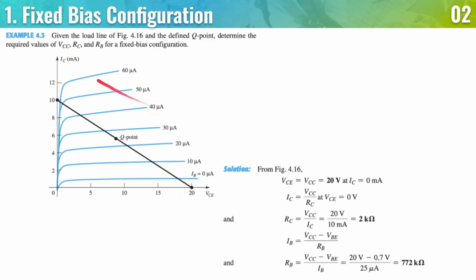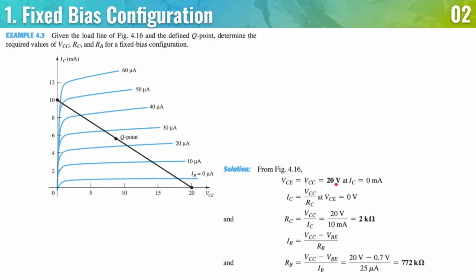First of all, looking at this graph, there is no label for VCC here. But how did we get the value of 20? Recall that this part is the cutoff in the load line analysis. As you can see, the vertical value is 0, so there is no current. However, there is a VCE value.